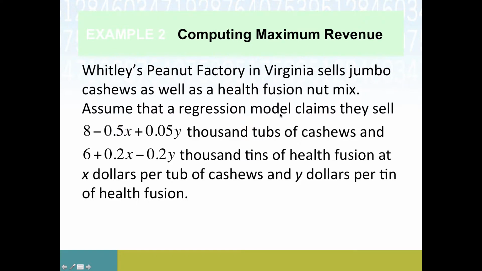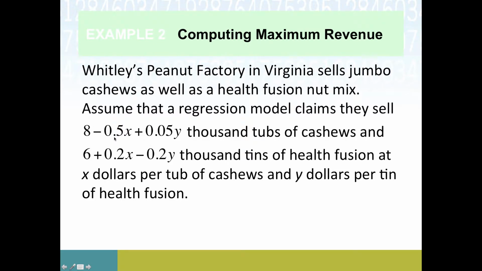Okay, peanuts. So we're going to try to take this model. We've got a company in Virginia that sells jumbo cashews and a health fusion nut mix. And we're going to make a regression model that says essentially we imagine they're going to sell this many tubs of the cashews and this many tubs, thousands, tins of the health fusion mix when the cashews are X dollars a piece and the tins of health fusion are Y dollars per piece.